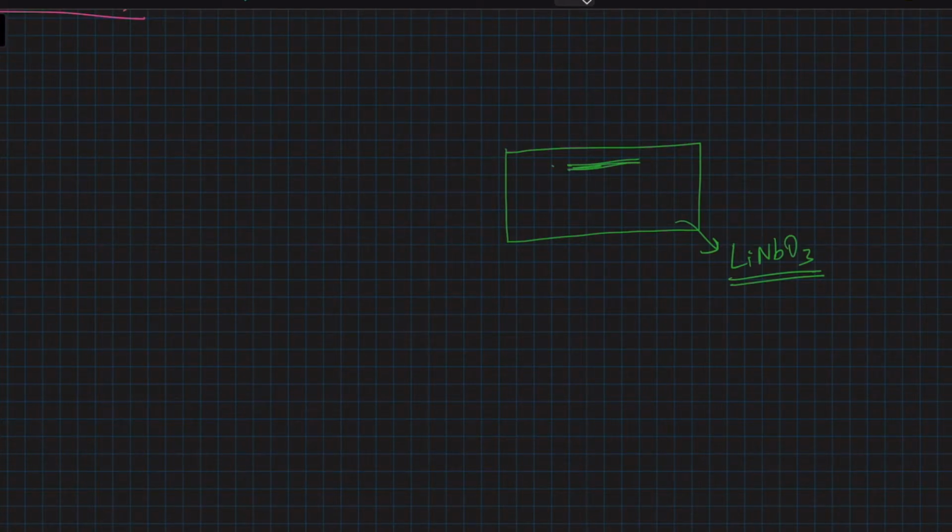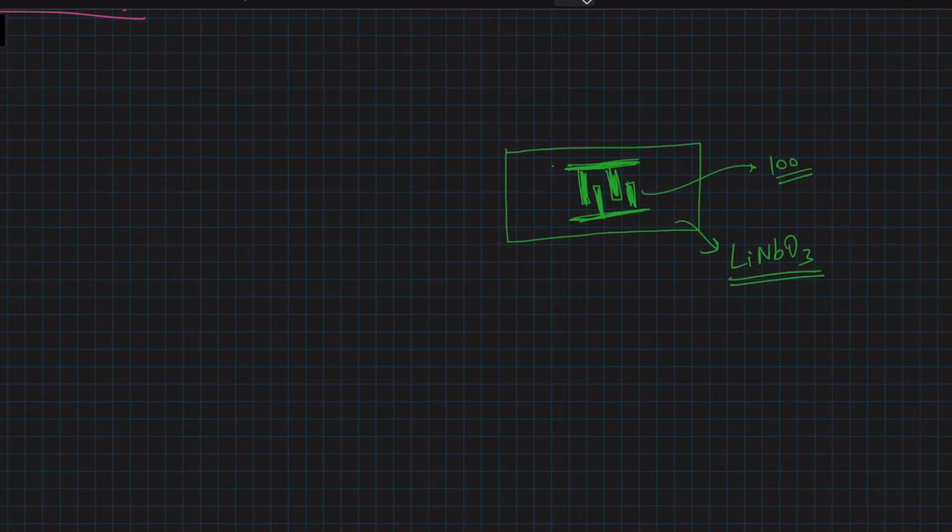These IDTs are made from metal, say maybe aluminum or whichever you find suitable for your application. These are comb-like structures, and these finger pairs are say 100 or more for the wave.